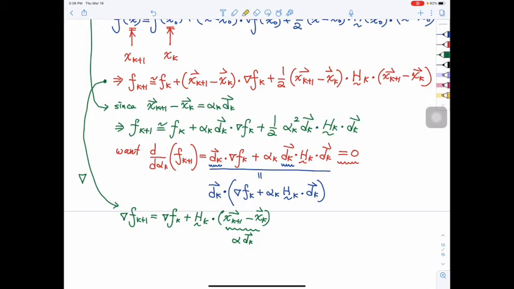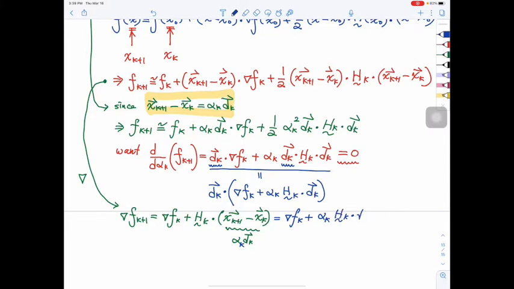Remember this guy. So this basically is gradient f_k plus alpha_k Hessian_k dot d_k.